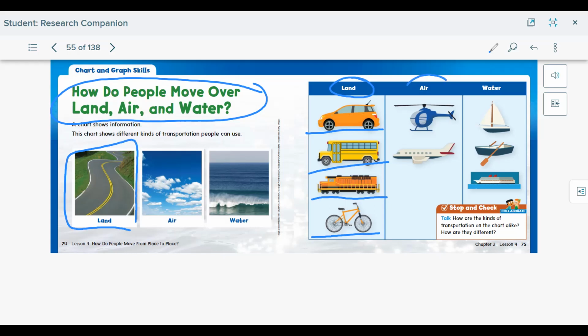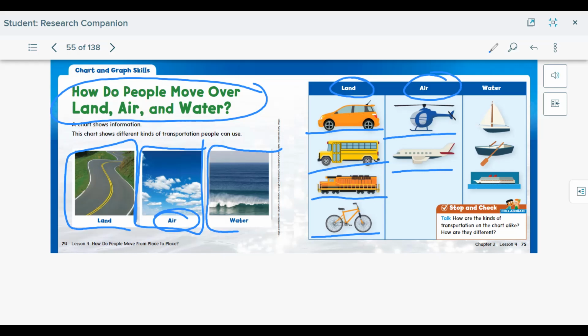The second thing that it is showing us is transportation that we can use in the air. If we look over here, showing us the air, what can we use in the air? Helicopters and airplanes.